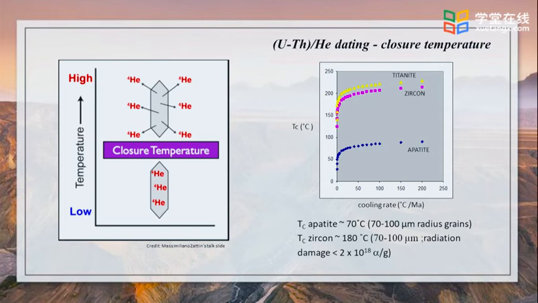Limited high-quality diffusion data indicate the apatite helium closure temperature is about 70 degrees, with a cooling rate of 10 degrees per million years. This is so far the lowest known closure temperature among radiometric dating techniques. And the closure temperature for zircon is about 180 degrees when the radiation damage is below a certain level.